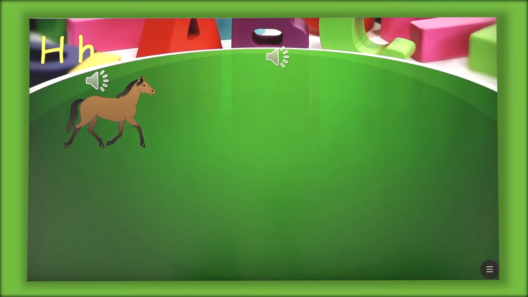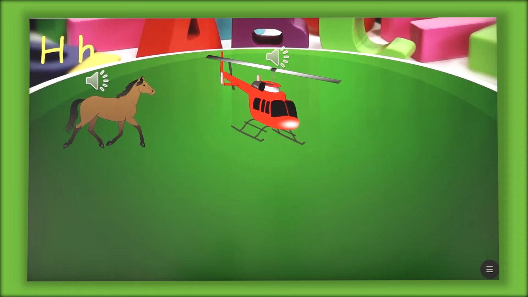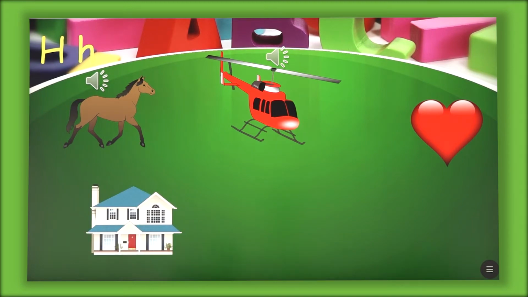How about this sound? What do you think it is? Yes, it's a helicopter. Now we have a heart, a house, and a hand. As you may have noticed, all these things are with letter H. So H is for horse, helicopter, heart, hand, and house.